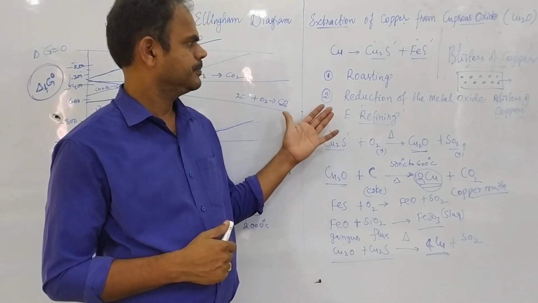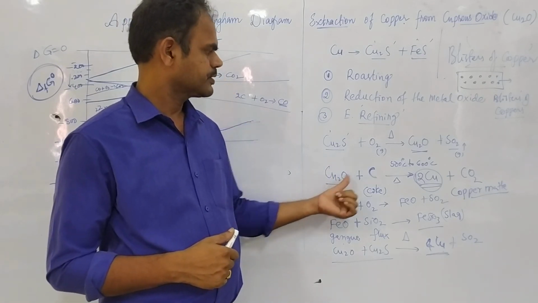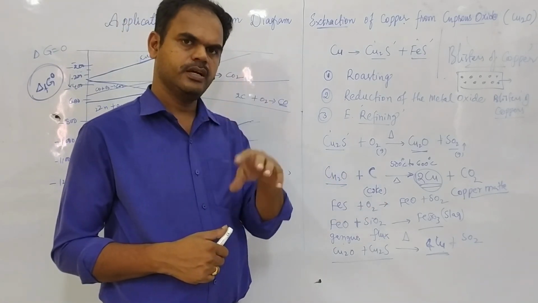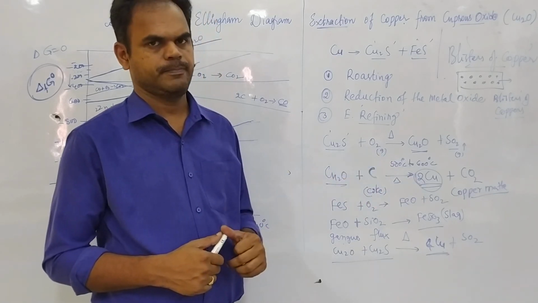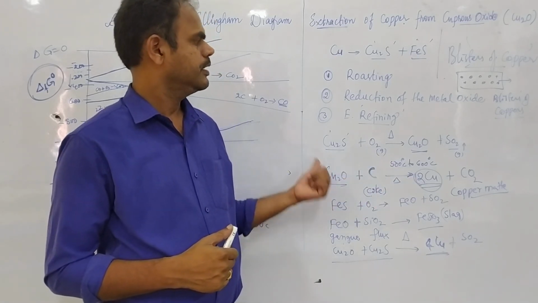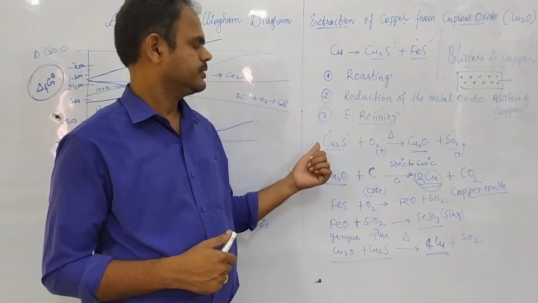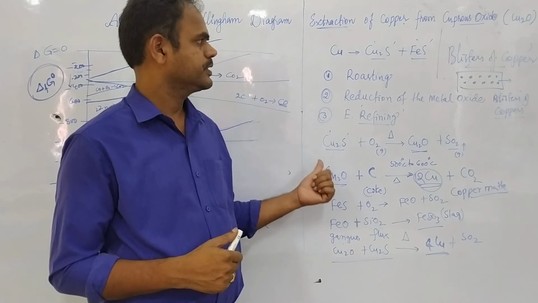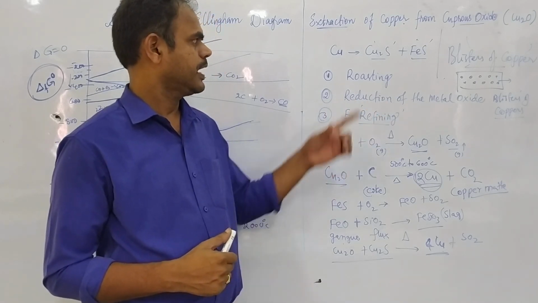So here the reduction of cuprous oxide is done using carbon as the reducing agent in order to get the copper. This is the reduction process of the metal oxide, along with roasting.